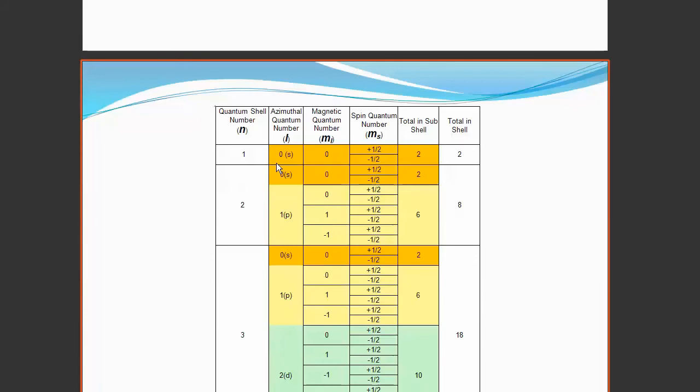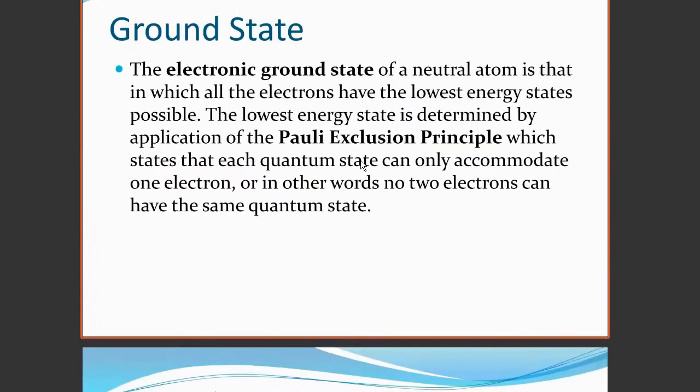This is historically called the S shell. So we have the S subshell. So 1s forms a subshell. The 1s subshell can have a number of orbitals. Let's find out how many there are.